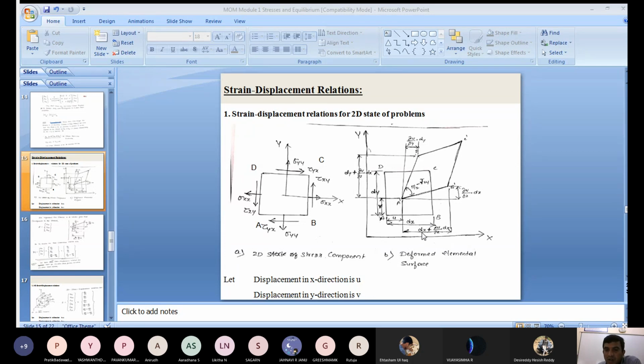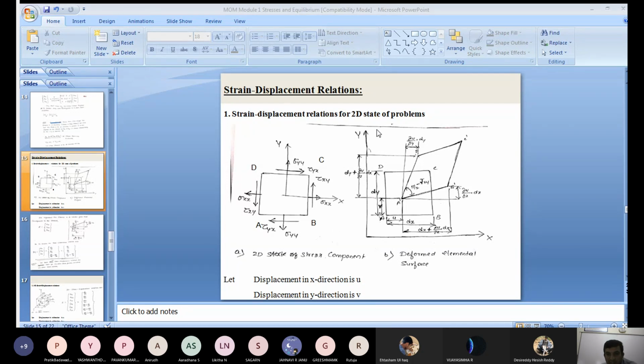Dou u by dou x into dx. So the total final length of the element along the x direction, A dash B dash, is dx plus dou u by dou x into dx. Similarly, in the y direction, A dash B dash has only an incremental length, dou v by dou x into dx.